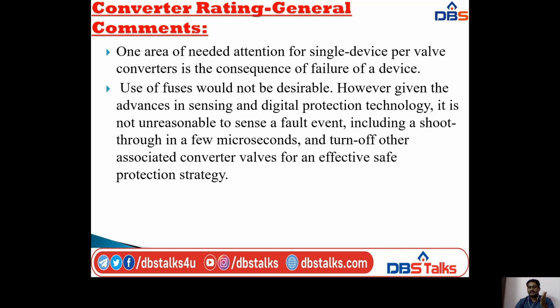So previously I said that we use a single device per valve, but the consequence of failure of a device matters. That's why the use of fuses would not be desirable.